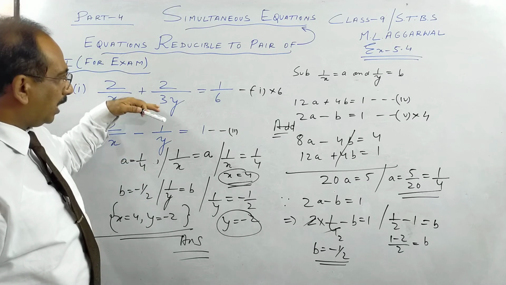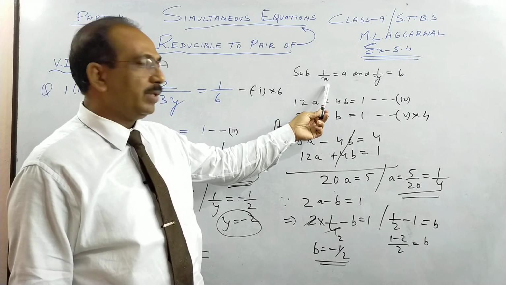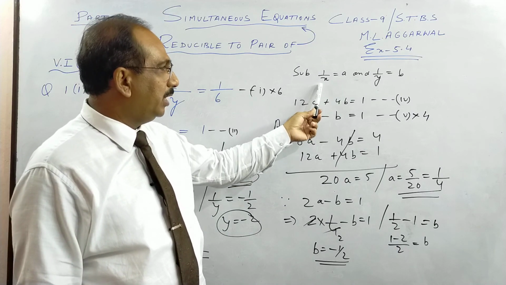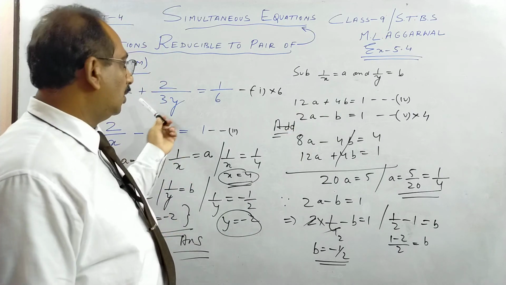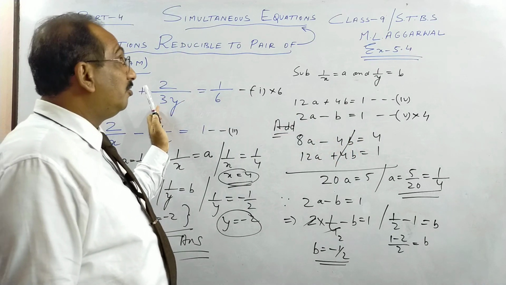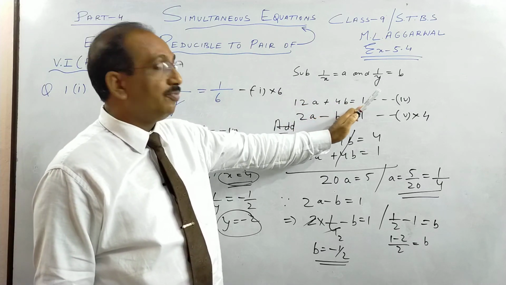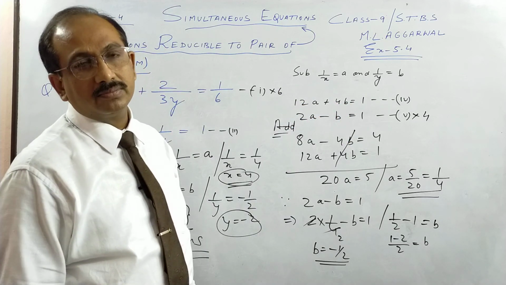So by multiplying by LCM and, this is the main thing, by assuming 1 by x to be a and 1 by y to be b, this equation we reduce it to a pair of linear simultaneous equation.